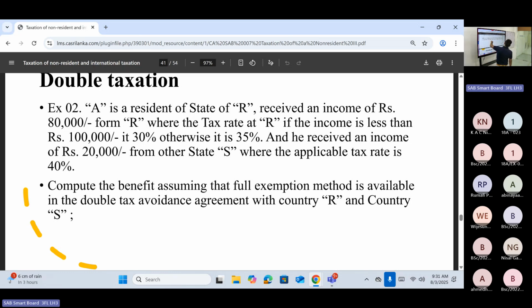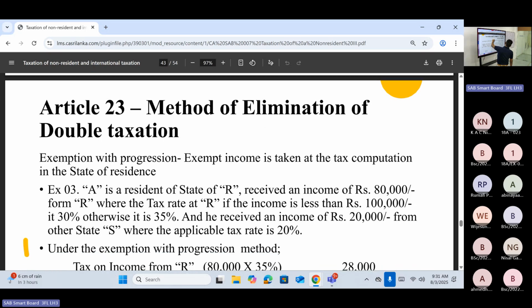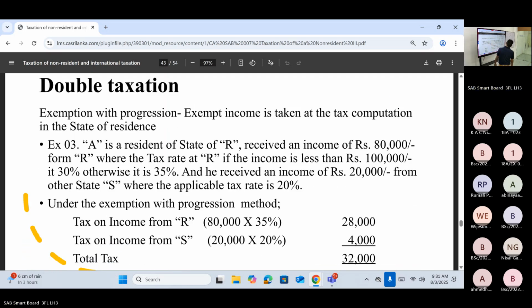We'll see. So exemption with progression. Under the exemption with progression, when we are determining the tax rate, we consider the income received from the source country, if there are two tax rates in the current country. Currently in Sri Lanka, we don't have different level tax rates.